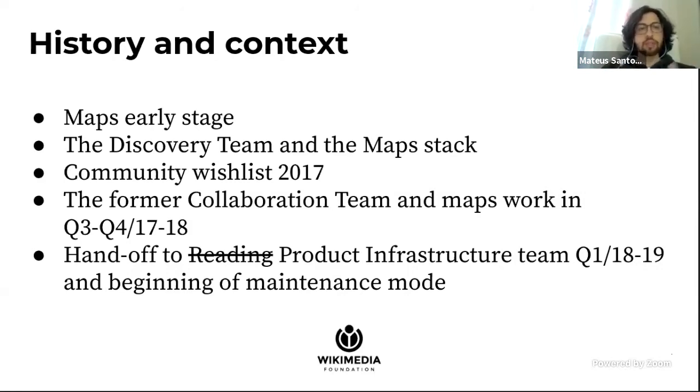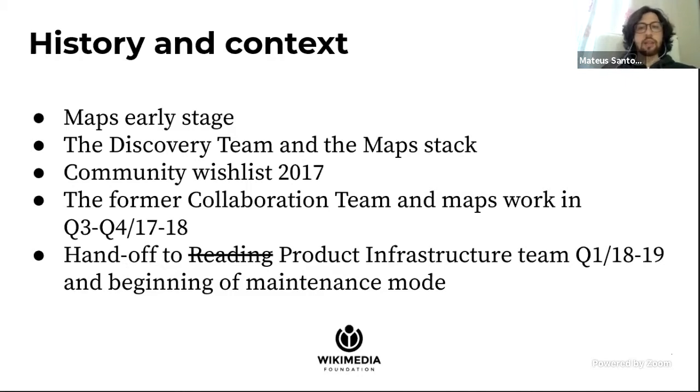And at some point, we had a community wish list because of this great work done on maps. The community really enjoyed how it was being presented on Wikipedia, and on the community wish list of 2017, maps were one of the top requests from the community.